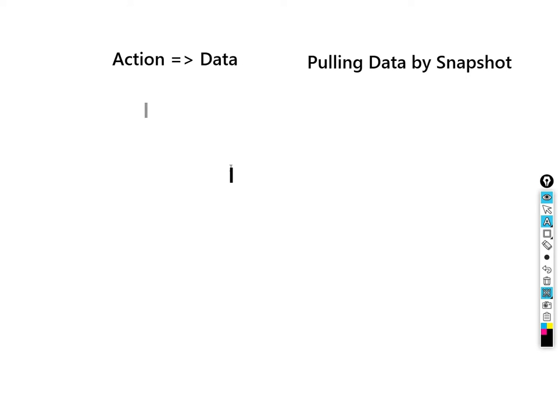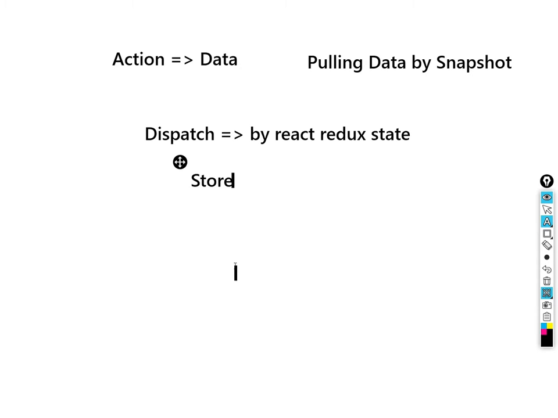And just after that I am going to dispatch this data by React Redux. Okay, and this Redux is also a state. Okay, great. And this dispatched data we need to store into a single state, so it's called store.